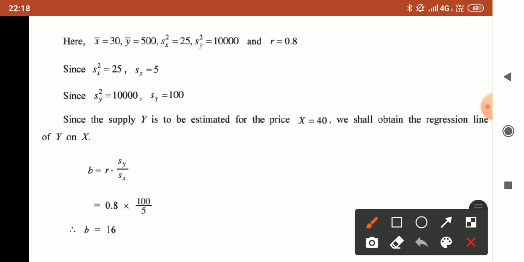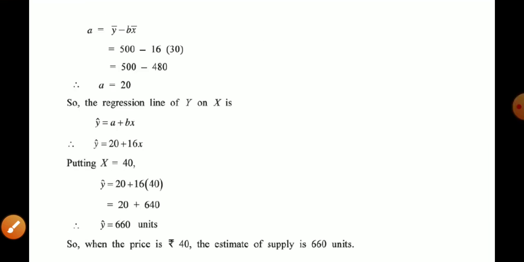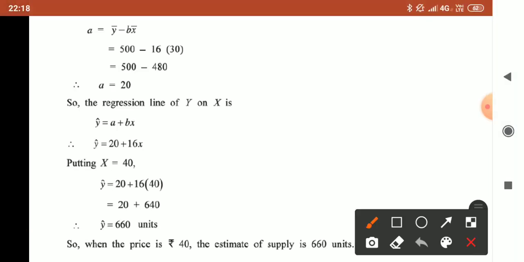In this way I have got the answer of b. Now my third step will be to find a. So here a equals, we have learned the formula, a equals y bar minus b x bar. We will put the values of y bar 500, b 16 and x bar as 30.